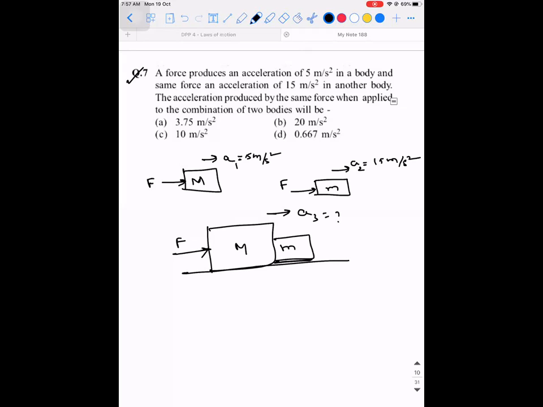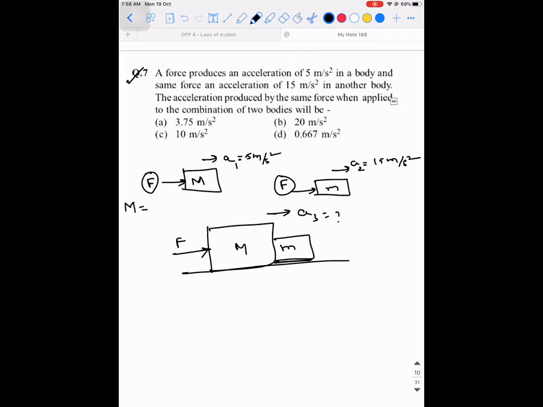Sure, we can find the individual masses using force and acceleration. But we don't know force, no. But we can keep force also as an unknown quantity and then solve. Actually, what we can do is, see, it's like solving resistors in series. Or you can say capacitors in series, something similar to that.